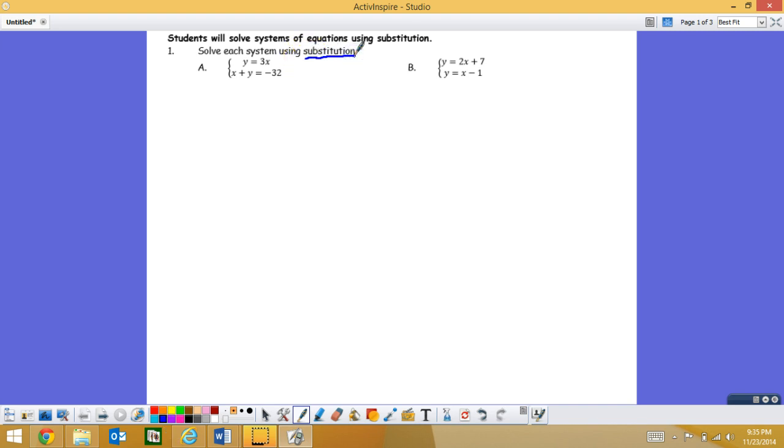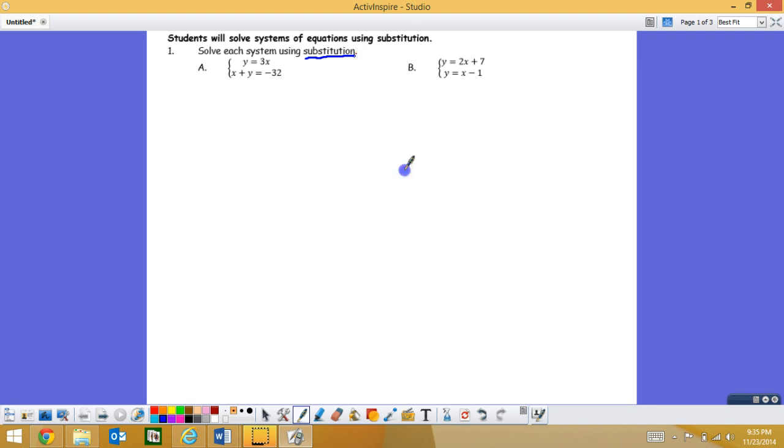The first method we're going to talk about is called substitution. Now, in substitution, we're doing just that: substituting. You want to use substitution whenever you have a variable that's already by itself in an equation, or we can very easily get a variable by itself in one of the equations. In A and B, we have variables that are already by themselves.